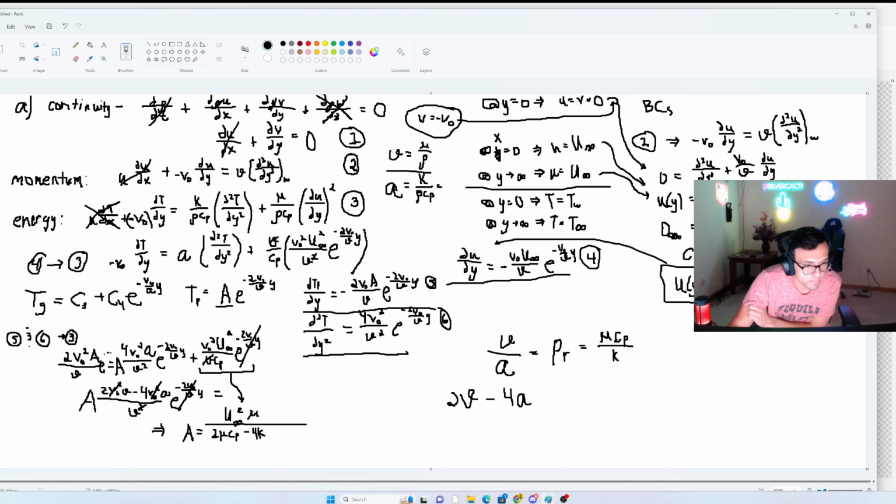When it should be viscosity times viscosity squared times... maybe the top and bottom were multiplied by... these are both multiplied by Cp, right?